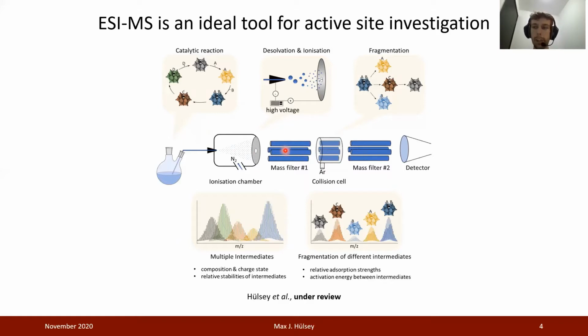After this mass filter, we can either directly detect the ions or we can go through a collision cell. In this collision cell, by collision with argon ions, we can induce fragmentation of different molecular species, which can then be again mass filtered and detected separately. By this, we can separate the spectra of different intermediates and get information on each of those intermediates individually. And we can even see the gas phase reactivity of each of those intermediates by fragmentation.